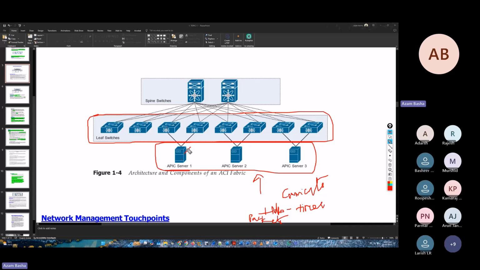If one goes down, the other will be communicating. Here VPC will be there. VPC is not between the Epics, the VPC is between the leaves.